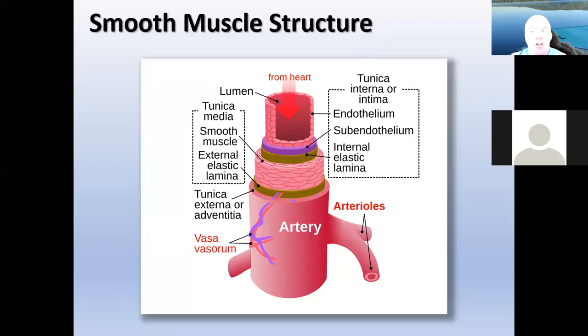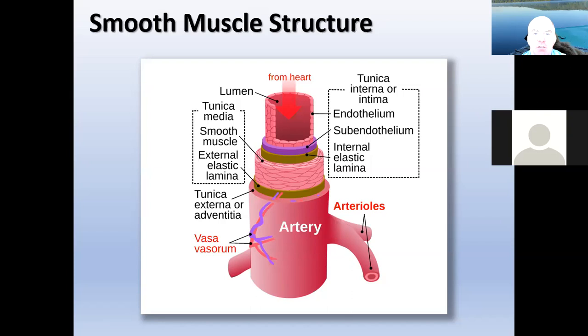I don't know how much we're going to get into coronary artery disease, but a lot of coronary artery disease is when you get damage to the endothelial cells, and that allows different growth factors to get into the smooth muscle layer, and then the smooth muscle grows into the lumen, and that cuts off blood flow. That's part of the process anyway.